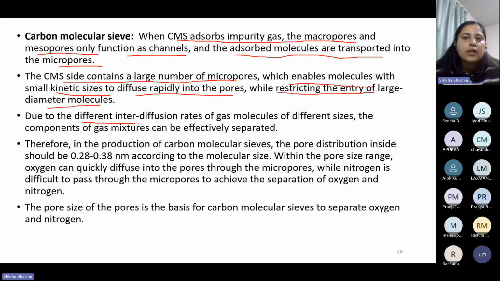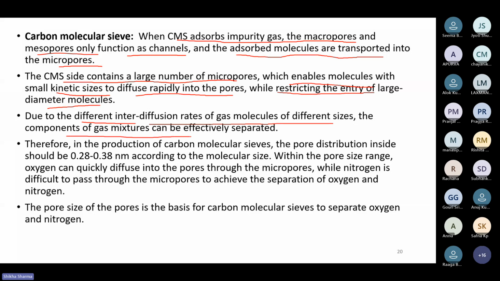Due to the different interdiffusion rates of gas molecules because of their different sizes, the components of the gas mixture can be effectively separated. Therefore, in the production of the carbon molecular sieve, the pore distribution inside should be in the range of 0.28 to 0.38 nanometer according to the molecular size.